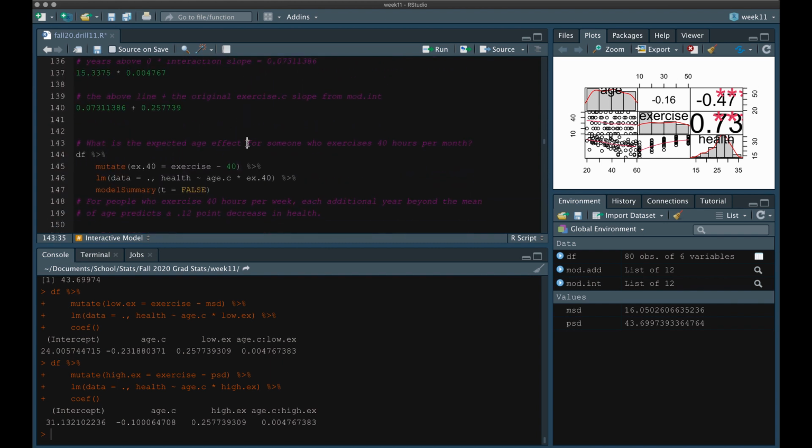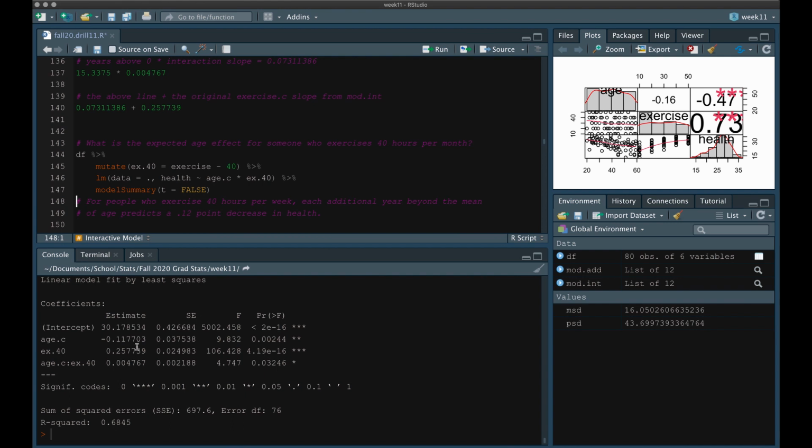Same thing. What is the expected effect of age for somebody who exercises 40 hours per month? Here again, we're doing the same thing. We're just going to center exercise on 40 and call it X40, and then look at a model with health regressed on centered age and exercise of 40 hours per month, and their interaction.